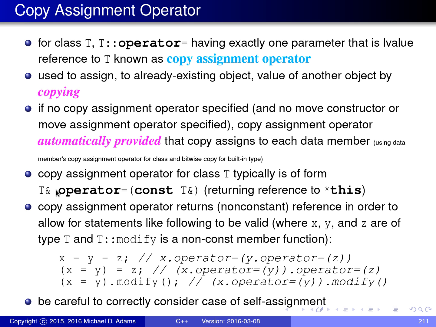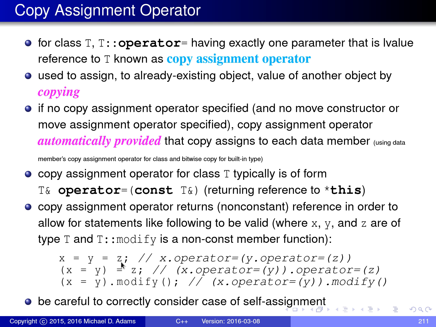And although it might be a little bit counterintuitive, it does actually return a value. It's not void, the return type. And the reason for this is to allow some kind of constructs like what's shown below. For example, if we have three variables of type T called x, y, and z, we can chain together equals like this, and this will do what you would expect, which is probably what you would expect x equal to y equal to z to do, is that after this line executes, both x and y will be equal to z.